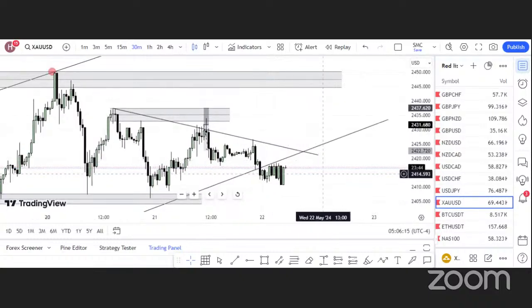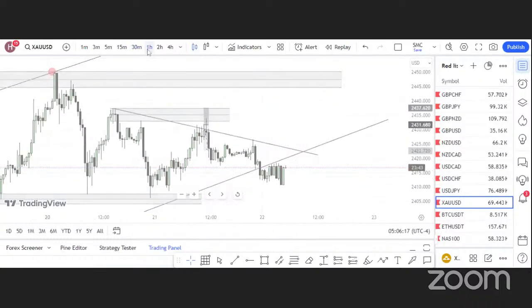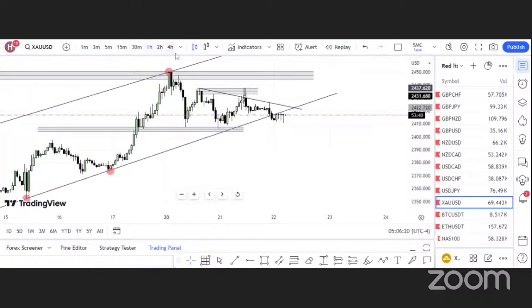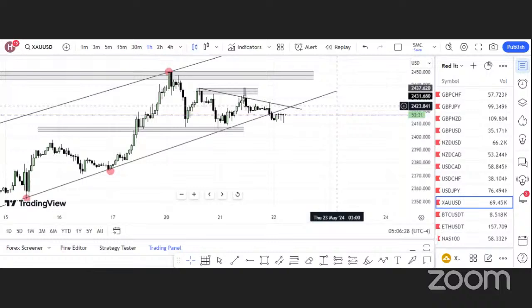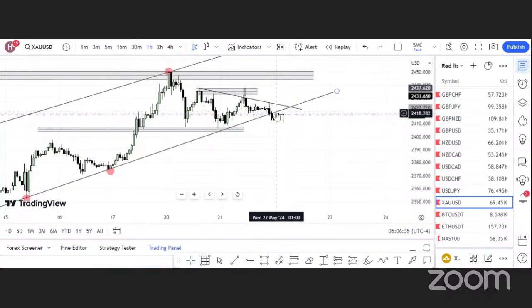So we have a break of structure, a break of trend line rather. So we have a break of trend line to the downside.